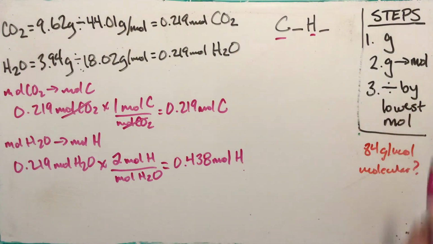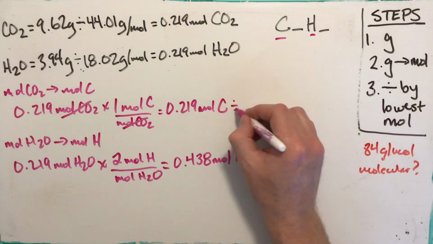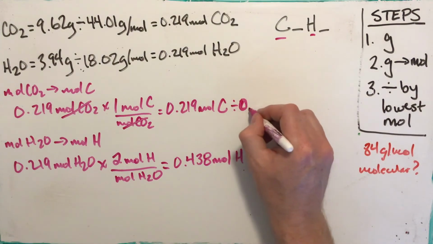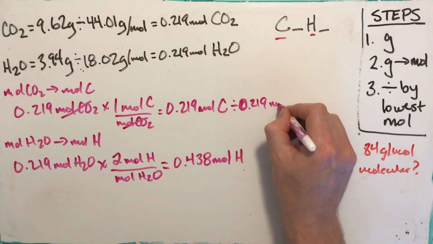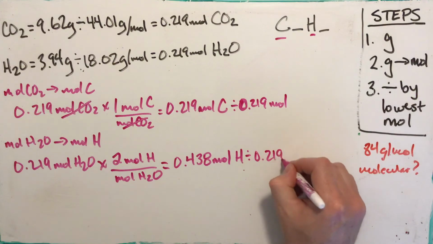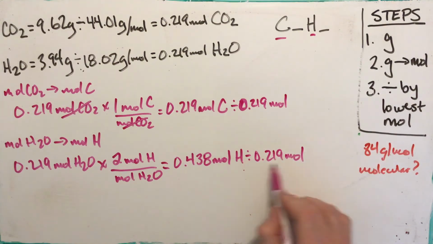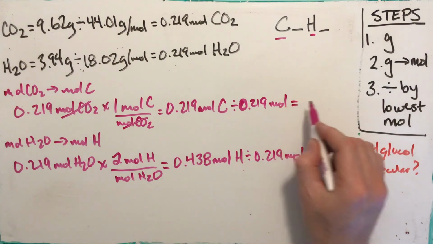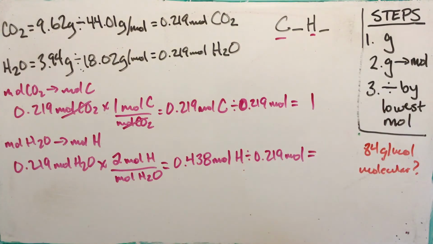I go back and I divide by the lowest mole number. So my lowest mole number is the 0.219 divided by 0.219 moles. Moles divided by moles will be no moles. This one will be 1, nice and easy, and this one's going to be 2.